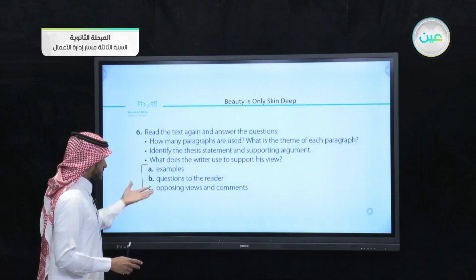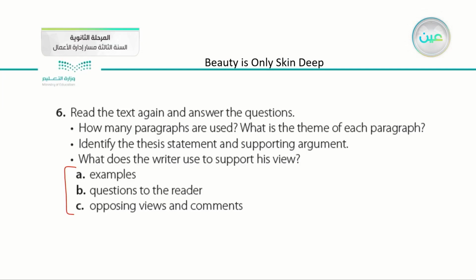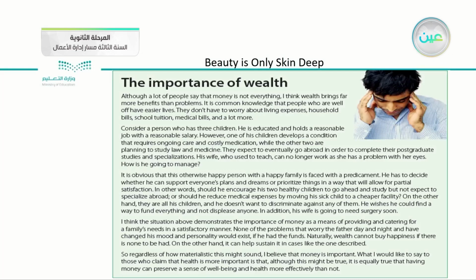Another thing is questions to the readers. You can ask questions about anything. For example, here we have some questions like, or should he reduce medical expenses by moving his sick child to a cheaper facility? This is one of the ways that you can use to convince the readers. Or here also another question is, how is he going to manage?